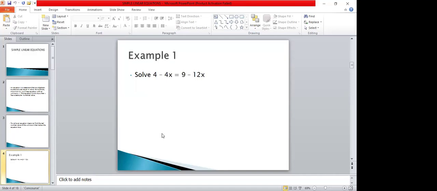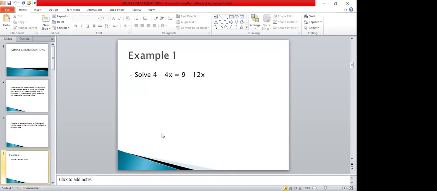Good. Now to solve a linear equation, what it means is that you should make x to be on one side and its value to be on the other side. Now, to do that, in any given equation, we always have what is called like terms.